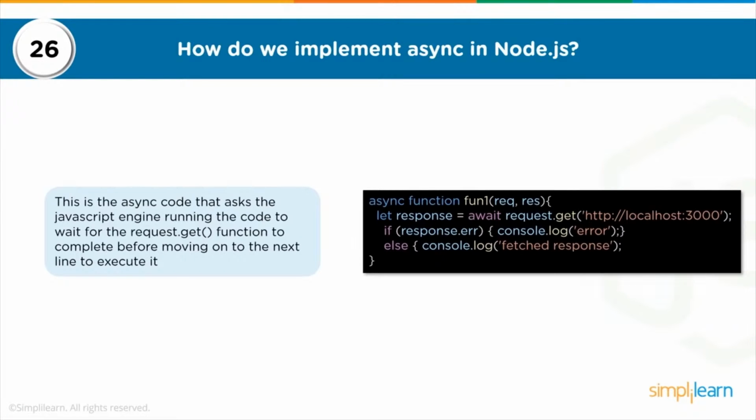And then depending on what we get, if there's an error message, then we'll have the error message go to the console log, which is the terminal window. And if we get a response from the application, then we'll get a positive response, which would be the fetched response. So again, very quick and easy: you use the async function to build out your asynchronous code.